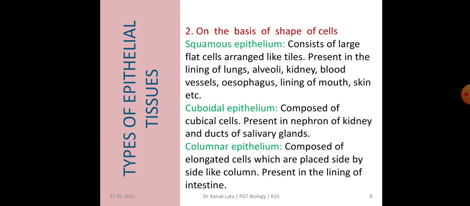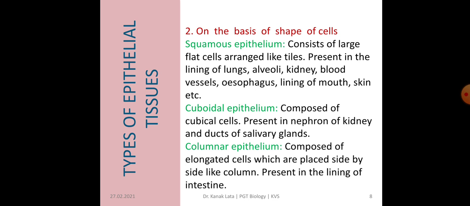Now the second classification is based on the shape of the cell. First is squamous epithelium. Squamous epithelium consists of large flat cells and they are arranged like tiles. This squamous epithelium is present in the lining of lungs, alveoli, kidney, blood vessels, esophagus, lining of mouth, skin, etc. Second one is cuboidal epithelium.